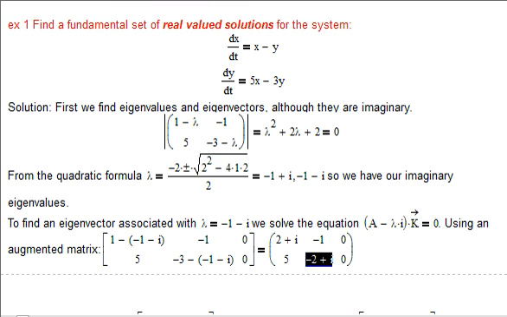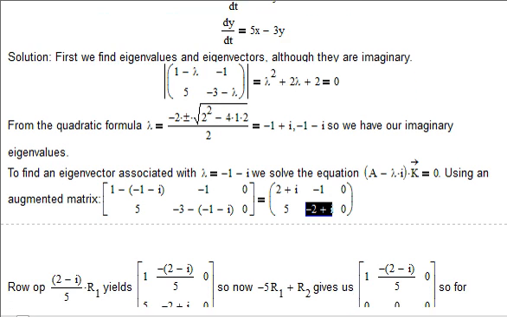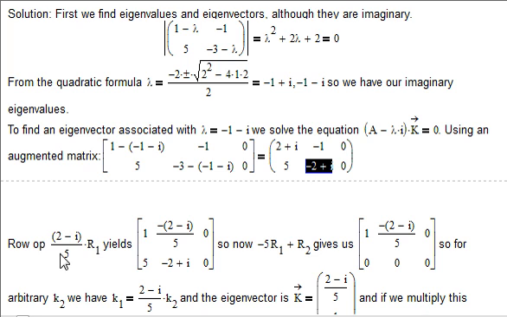We need to find a way to reduce that matrix, and as ugly as it looks, it's not as bad as you think, because if we use the row operation, (2 minus i)/5 times row 1, we can turn it, since (2 minus i) times (2 plus i), of course, is 5, and when we divide by 5, it comes out to be 1, and we get a nice 1 in the northwest corner, which is always a happy thing.